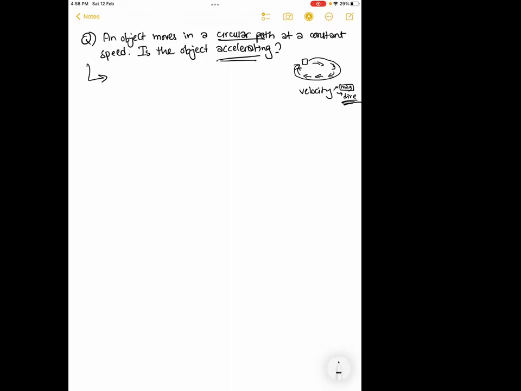So the answer would be yes, its velocity keeps changing. Now, you can say constant speed, but not constant velocity. The velocity is changing because the direction keeps changing.